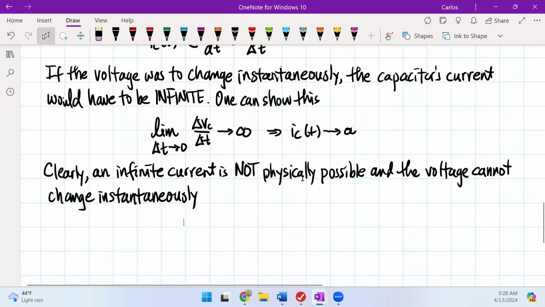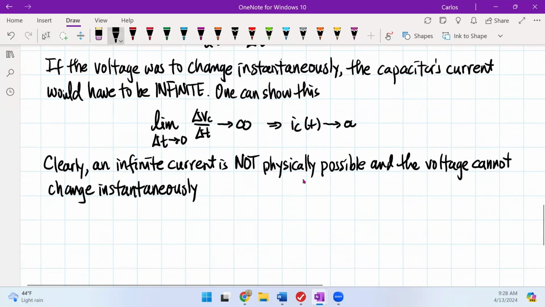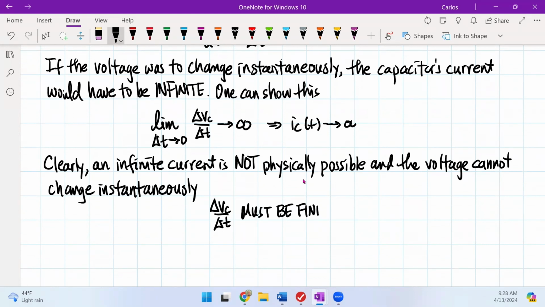This implies then that delta Vc over delta t must be finite.